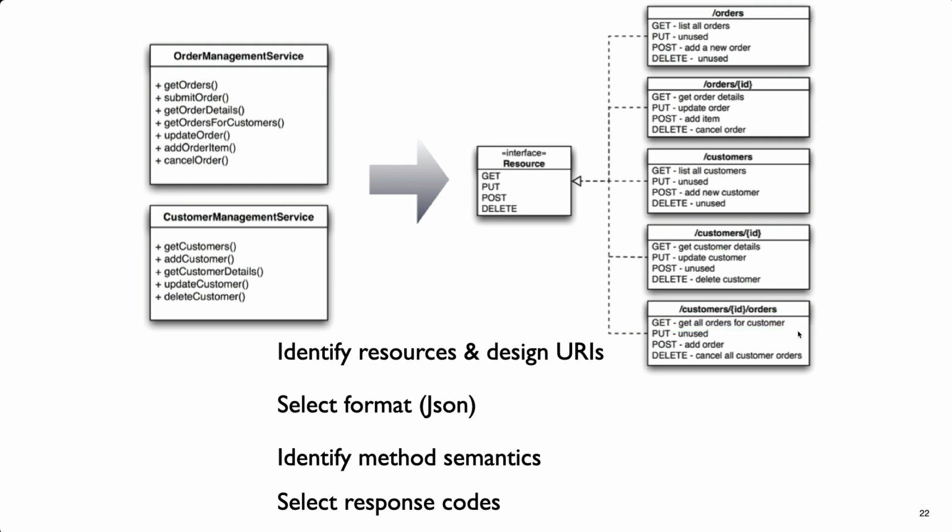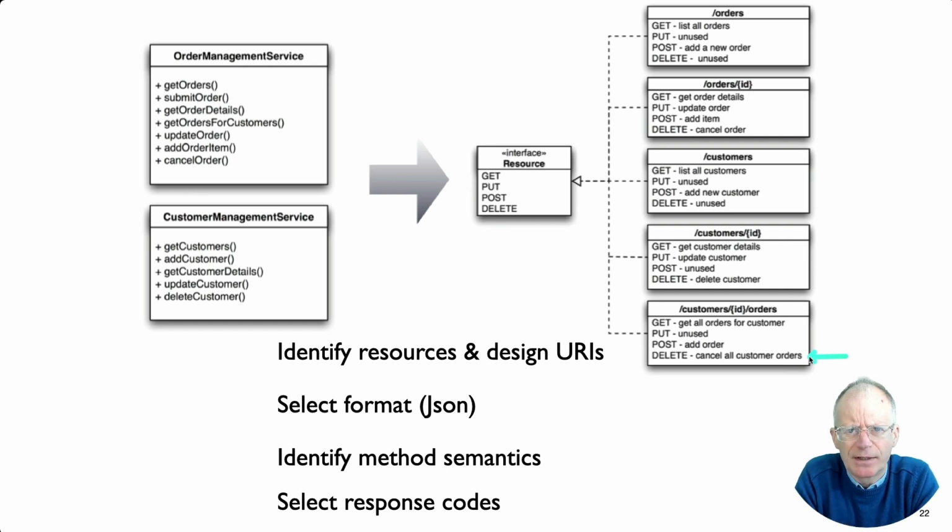But if we do a POST, well, POST means we will be adding a new order. It's adding an order to the customer with that ID. DELETE could be interpreted as cancelling all orders. We could make that decision. So you can see here the possible pattern that we might start to adopt as we're building an API.